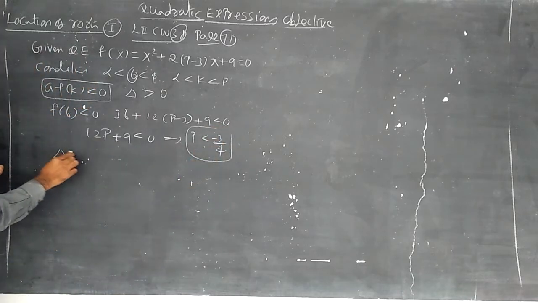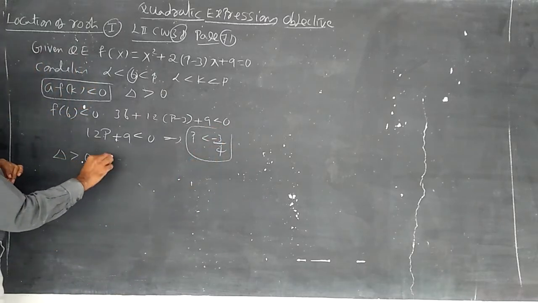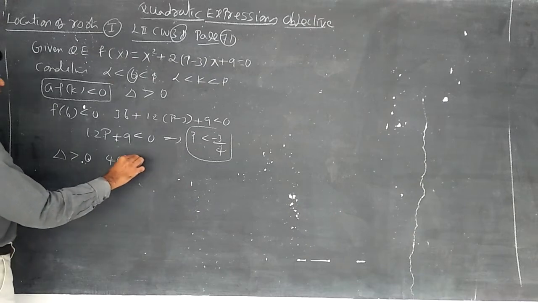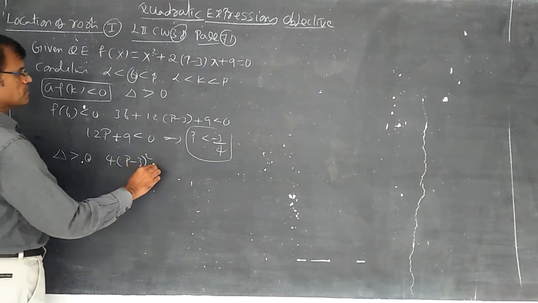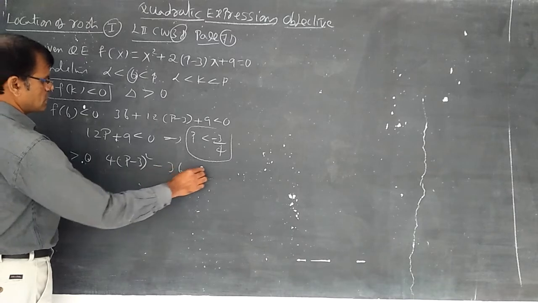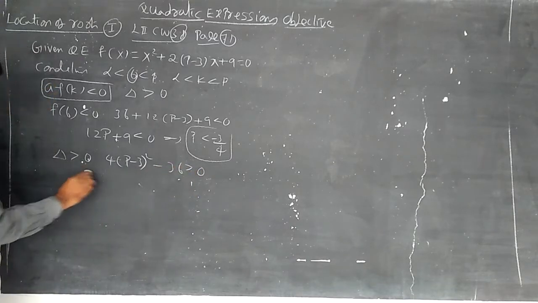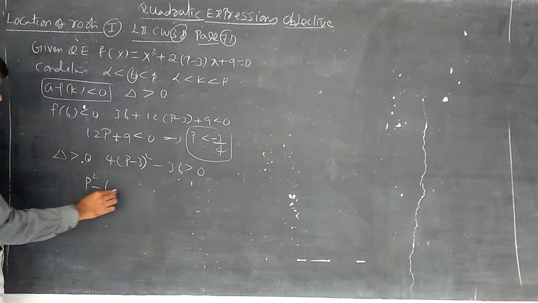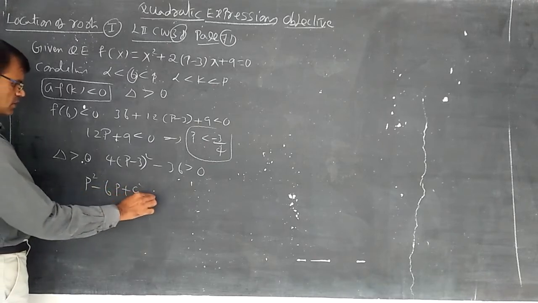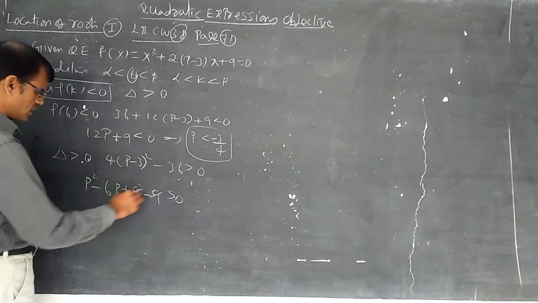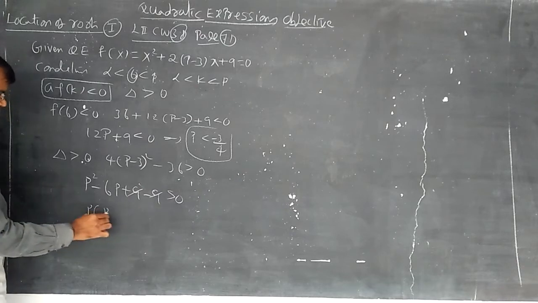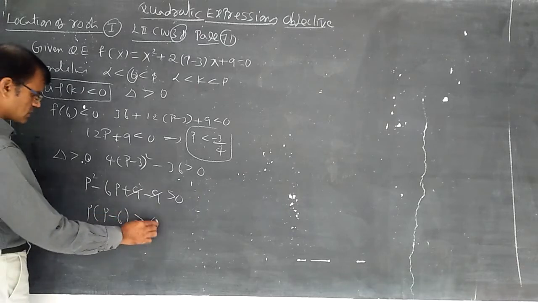And delta greater than 0 I am writing. Delta greater than 0 means here you can write 4 into p minus 3 whole square minus 36 greater than 0. Divide with 4, you can write p square minus 6p plus 9 minus 9 greater than 0. 9 and 9 will get cancelled. Taking p common, p into p minus 6 greater than 0.